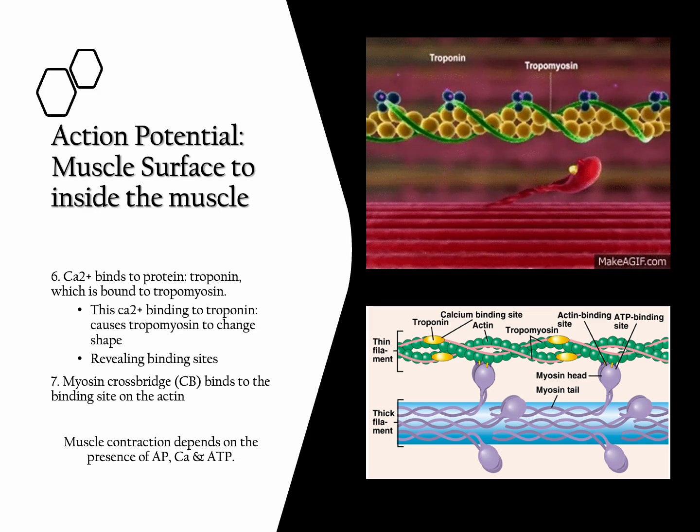That calcium is going to bind to troponin. That will then signal the tropomyosin to shift along the actin, revealing the binding sites on actin, which then allows myosin to attach its globular head to those binding sites to cause a cross-bridge interaction.